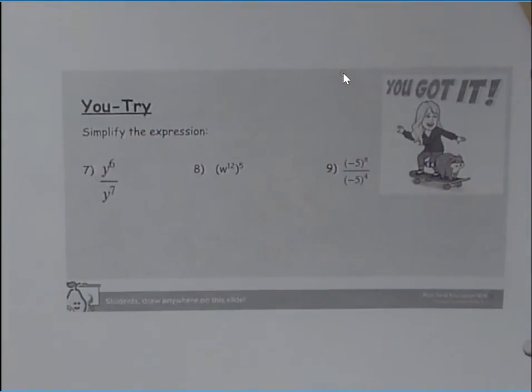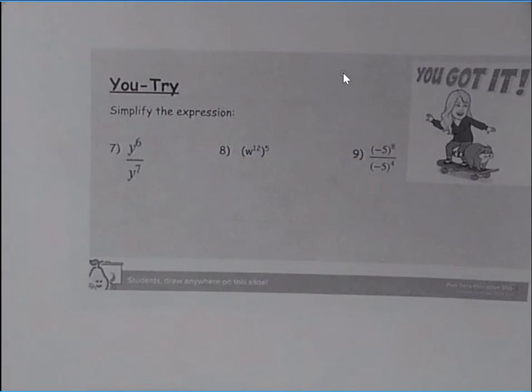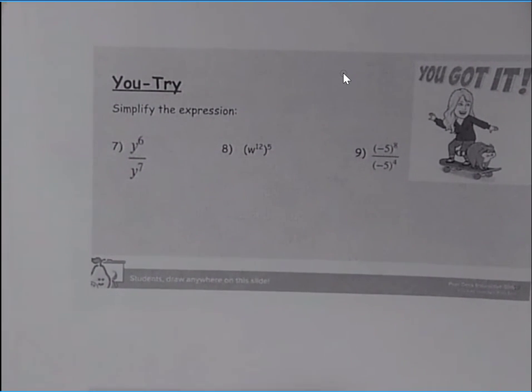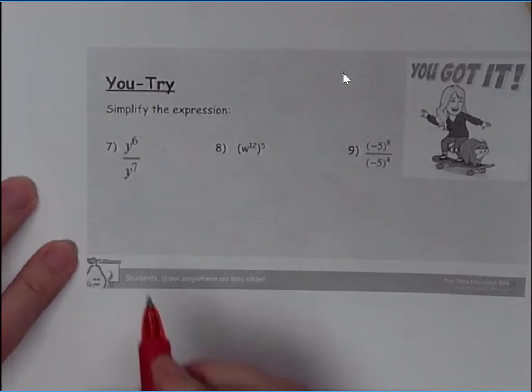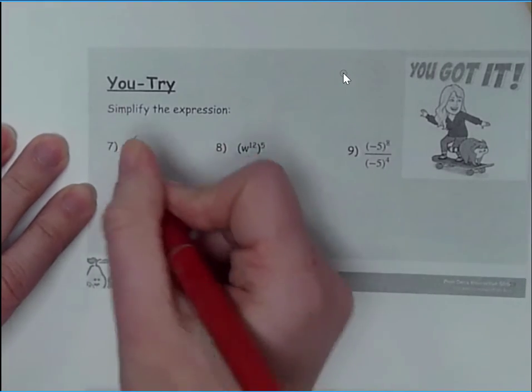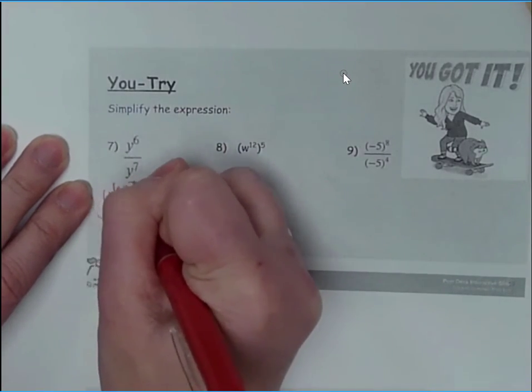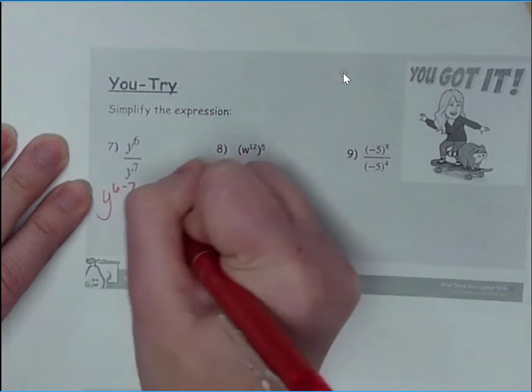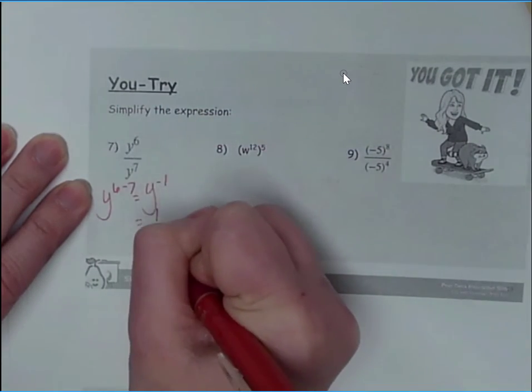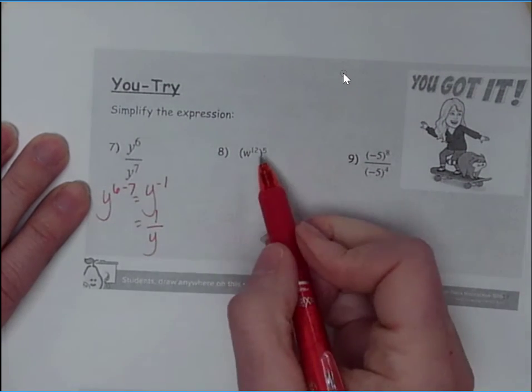Go ahead, try these three, hit pause, and come back when you're done. All right, so dividing, that means I have y to the 6 minus 7, which is y to the -1, which is rewritten as 1 over y.